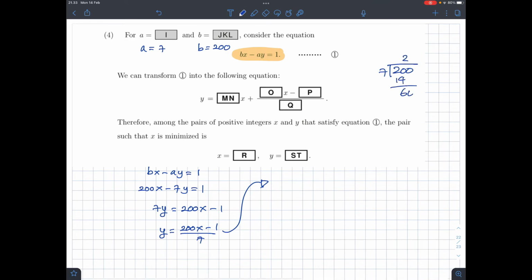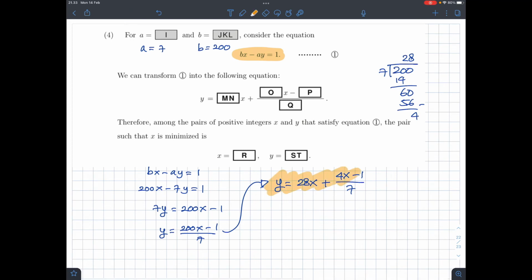I think 4, 14, 60. This is 8, 56, and this is 4. So 200x, I can divide by 7, becomes 28. Y equals 28x plus the remainder, which is 4x minus 1 over 7.